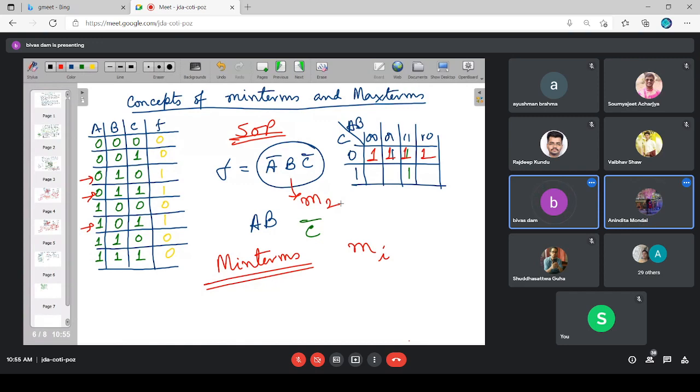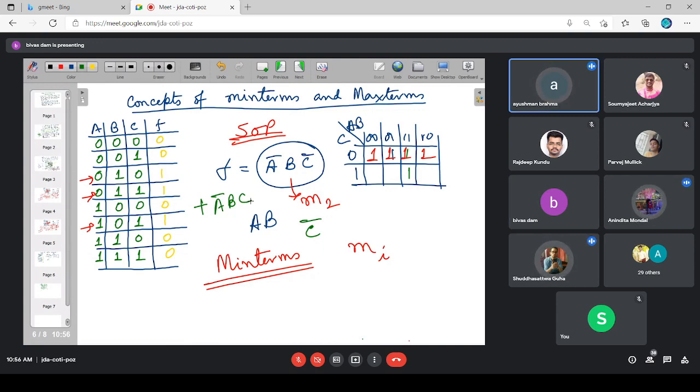If I go for the next input combination, what will be the product term? A bar B C. So what will be the min term corresponding to that? What is the corresponding input combination? 0, 1, 1.